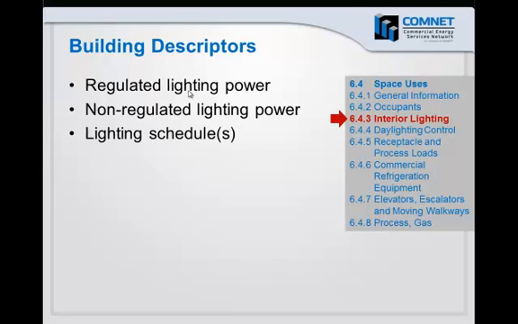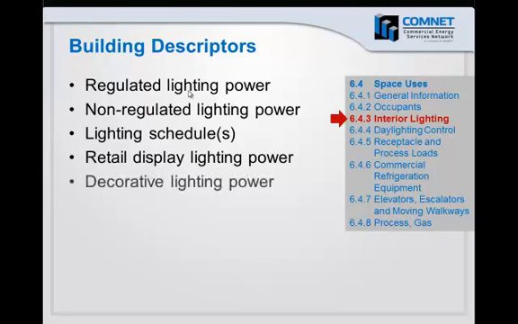There's the lighting schedules, of course, and then retail display lighting has to be entered separately because this is treated as a use it or lose it allowance in 90.1, both 2001 and 2007. Decorative lighting power is also a use it or lose it allowance, up to 1 watt per square foot.